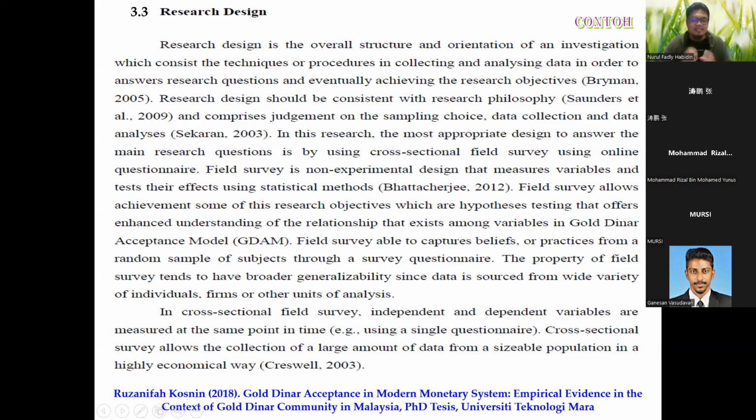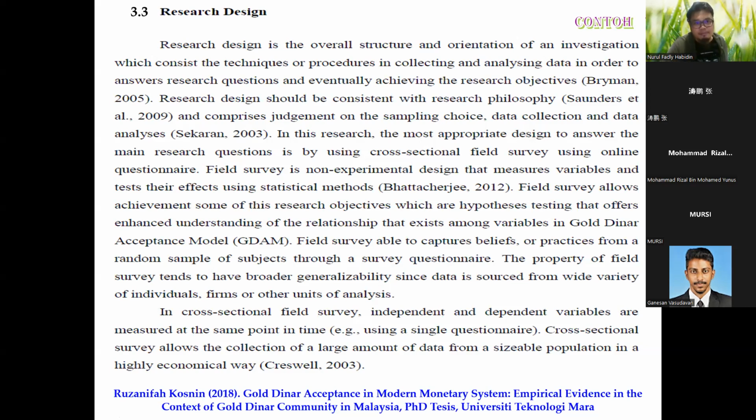That's the first sentence, showing they are trying to highlight that research design is really important, showing the overall structure of your research, starting from technique, procedure, data collection, and analysis. If you want to answer your objective, we need a research design. So research design can assist us in answering your research objective.